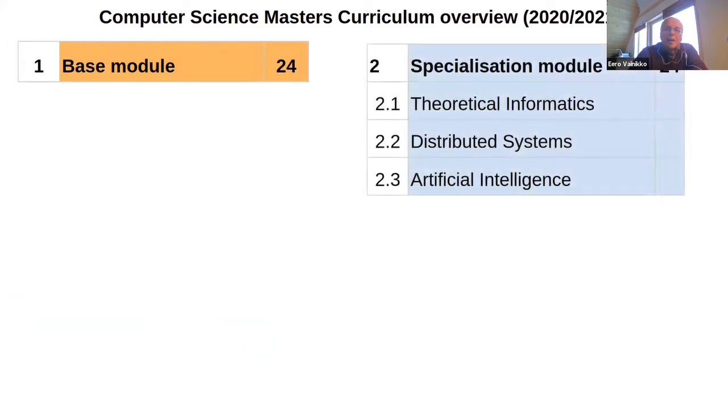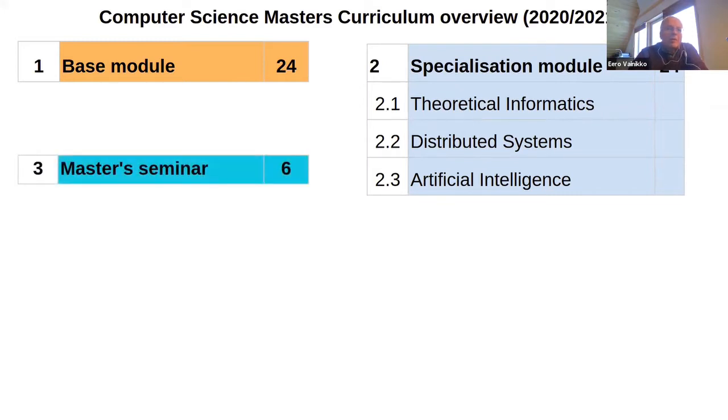Then there are 3 specialization modules. You can choose one of those. Usually a student chooses it from the very beginning, but by the end of October of the first semester, you have to make a choice in the system here. And the choice is between 3 different possibilities: theoretical informatics, distributed systems, or artificial intelligence. I will be talking about all those soon.